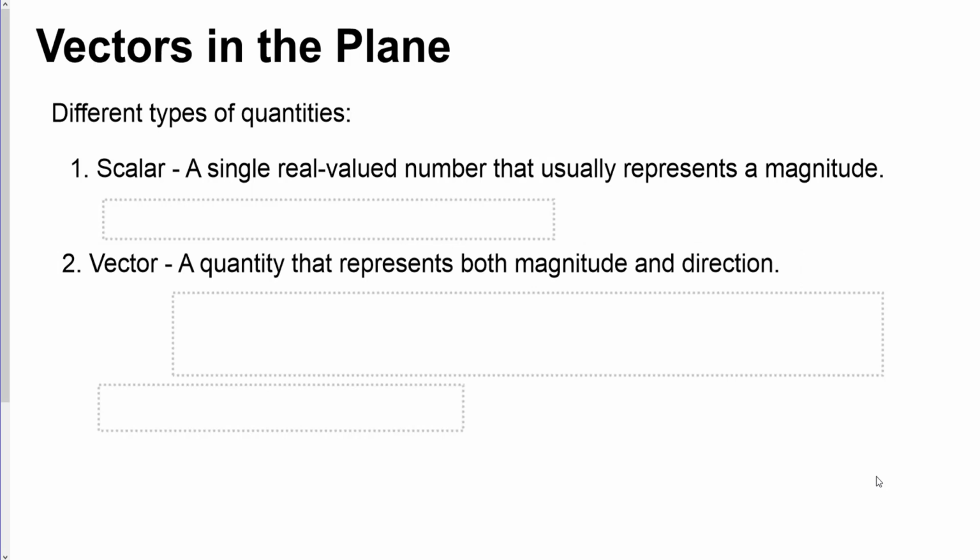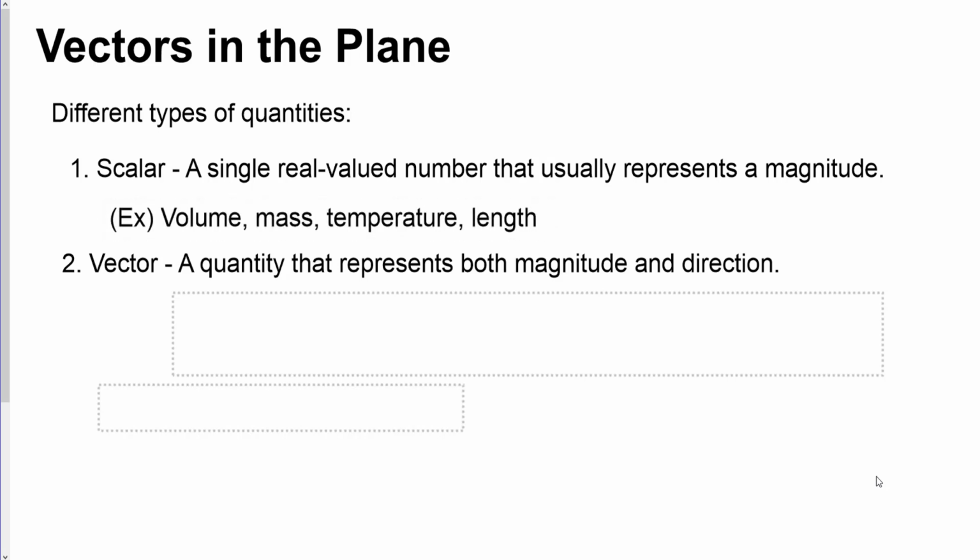A scalar quantity is a single real-valued number that usually represents a magnitude. So for instance, volume, mass, temperature, length, all of these are scalar values. They're simply one number which represents the magnitude of a measurement.